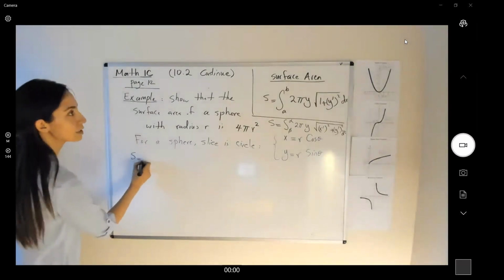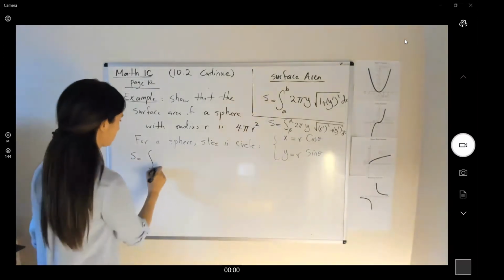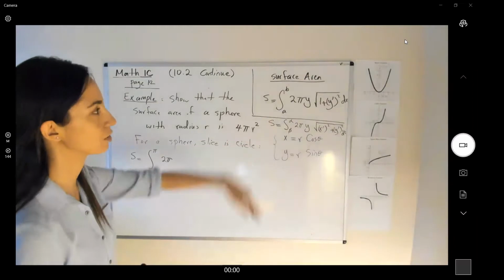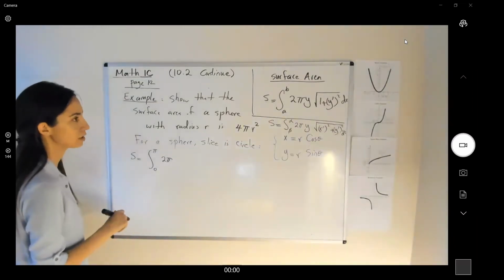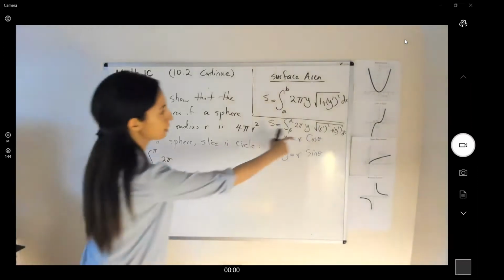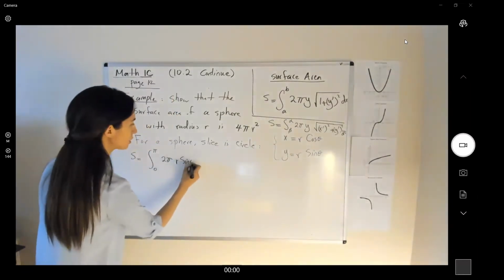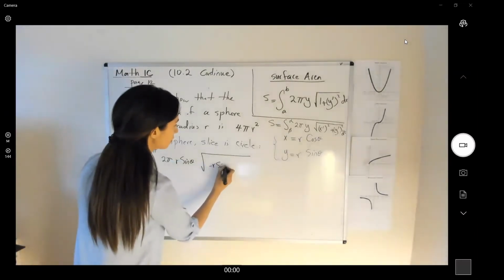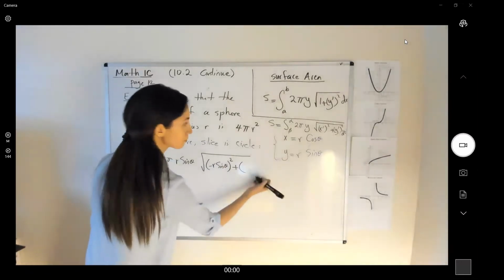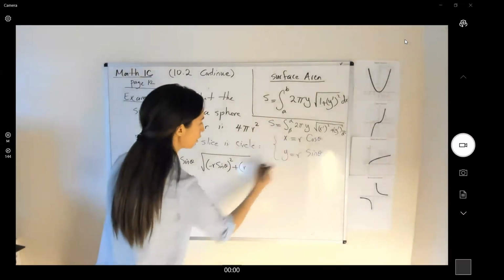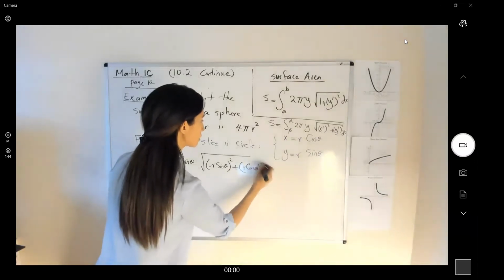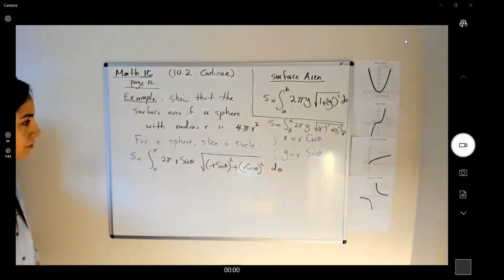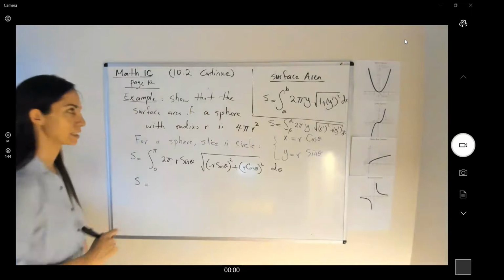So S is equal to the integral from 0 to pi of 2 pi times y, which is r sine theta, square root of the derivative of x, negative r sine theta squared, plus the derivative of y, r cosine theta squared, d theta. So I don't have to deal with dx anymore, and it's easier to simplify it this way.